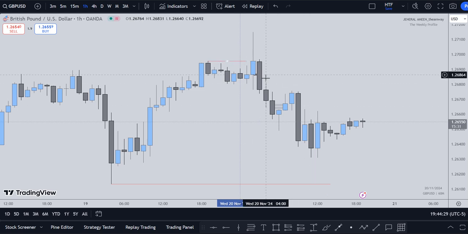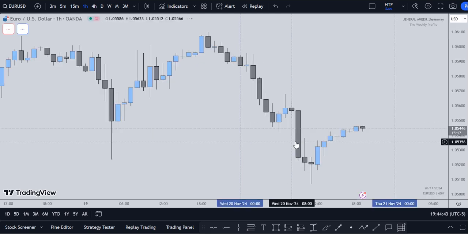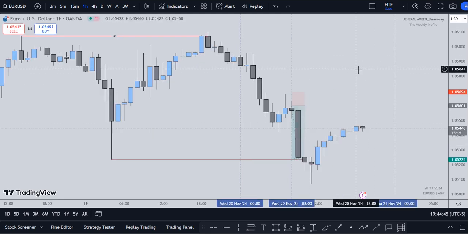So I actually treated this whole down candle as one, and then expected the price to trade back in before, right? But because the price action on the cable wasn't so clean, I rather decided to go with the Euro USD, right? So on the H1, this was my expectation.